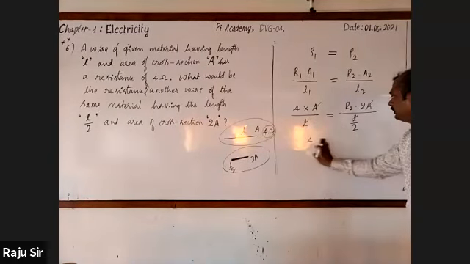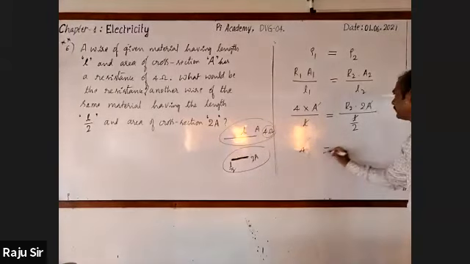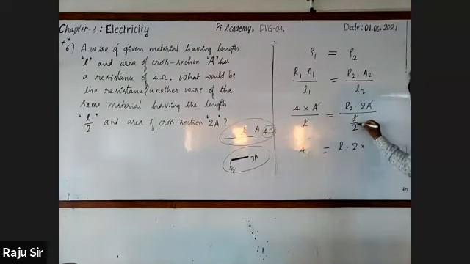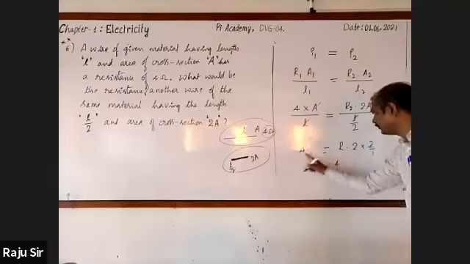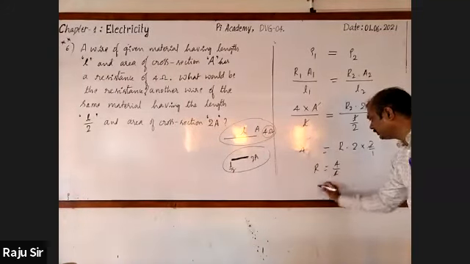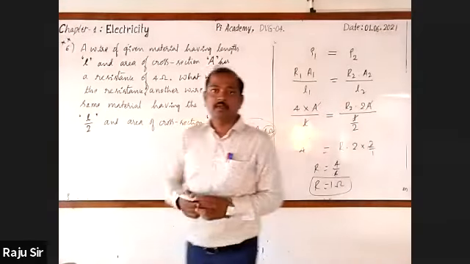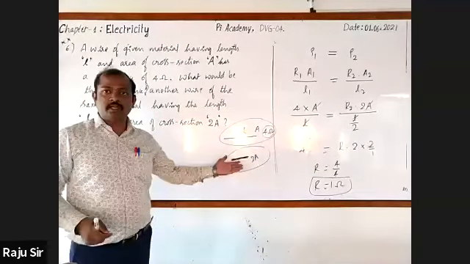You can write 4 is equal to R2 into 2. You take the reciprocal of the denominator, 1 by 2, it is 2 by 1. 2 2s are 4. So R2 is equal to 4 by 4. It will be 1. See, it is 1 ohm. Resistance of the second wire is 1 ohm.